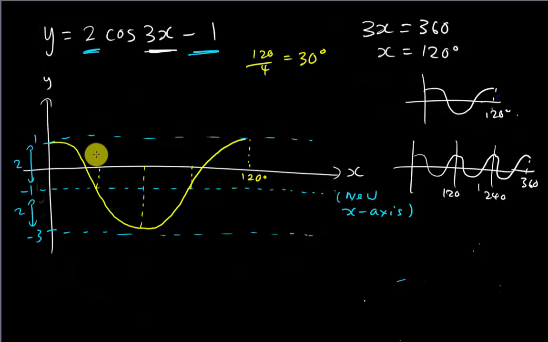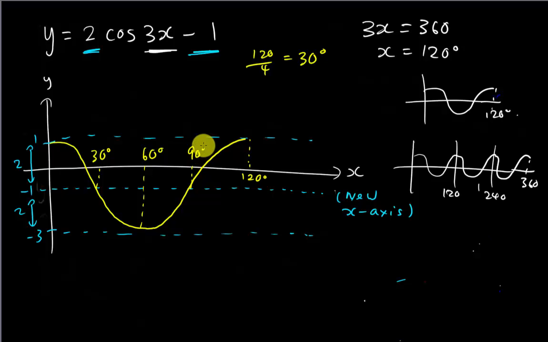So this one will be 30 degrees, this one will be 60 degrees, this one will be 120 degrees. Oh, sorry, it's 90. What happened to my math? This is 90 degrees. Something is wrong with my stylus, I think I accidentally changed the color.